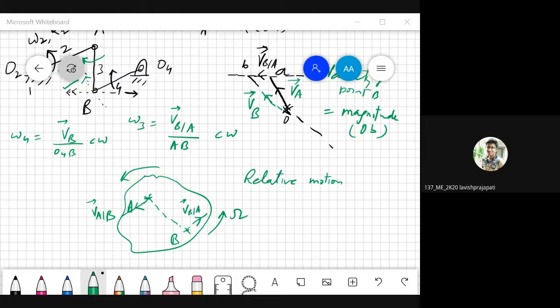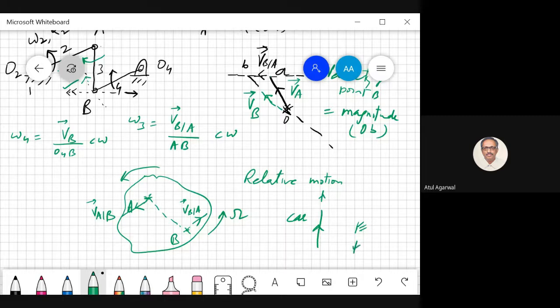Suppose you are going in a car like this, and there is a person stationary here. This fellow will say the person in the car is going in this direction. And what will you see? If you just look at this fellow, don't look anywhere else, it will appear to you that he is going backwards.